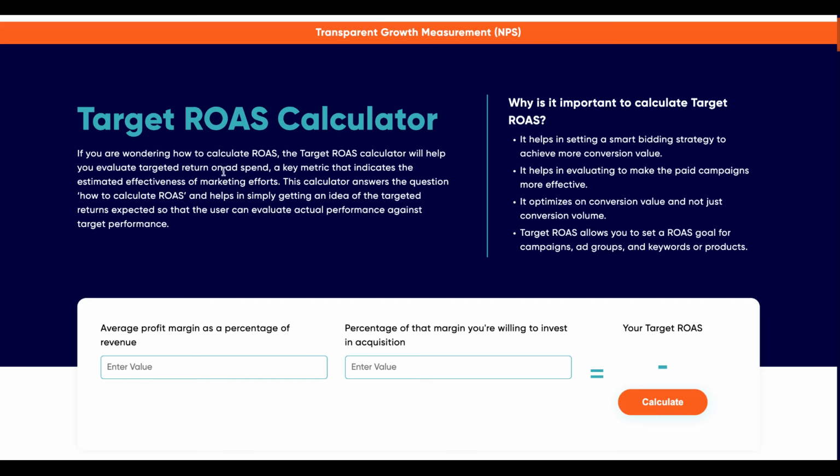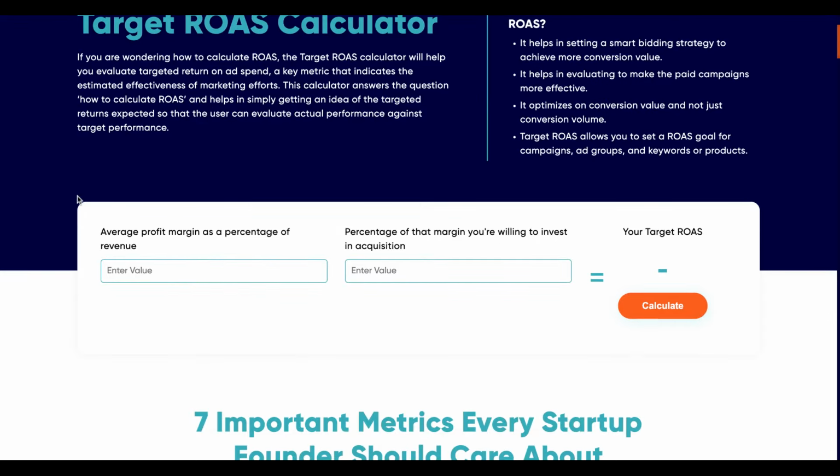So let's look at an example with the two input fields that we have in our calculator. Here you see the first input field, which is average profit margin as a percentage of revenue. Let's say it is 20%. Then in the next input field, you have to tell the percentage of that margin you're willing to invest in acquisition.